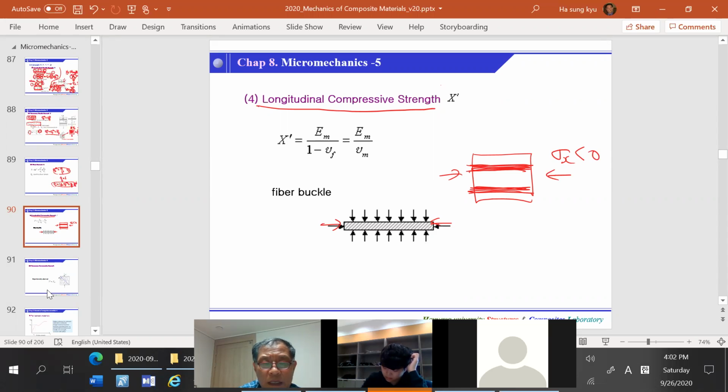So that depends quite a lot on the Young's modulus of the matrix, because the fiber is supported by the Young's modulus of the resin system. There is some theory, and this is what the equations look like.